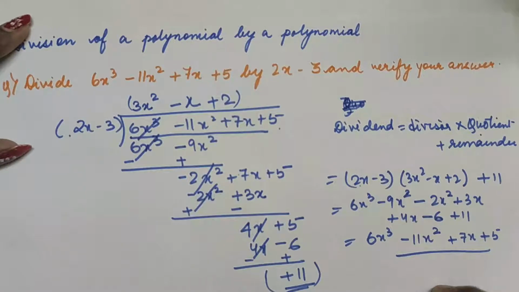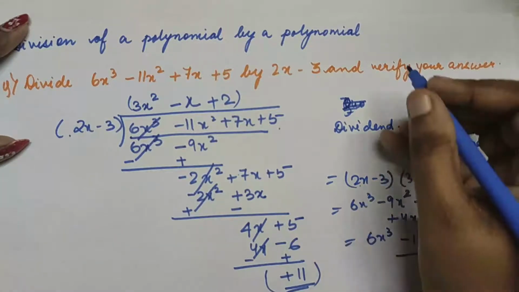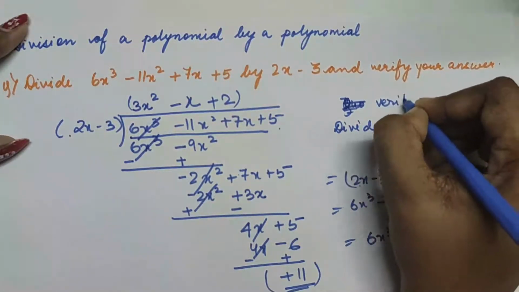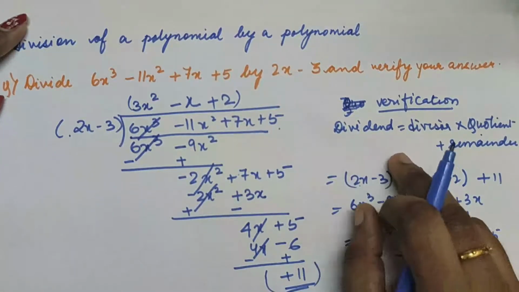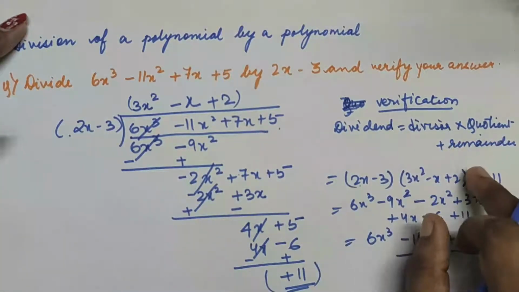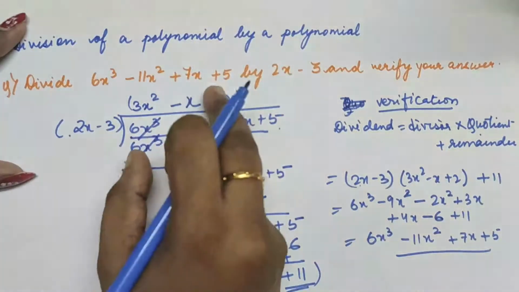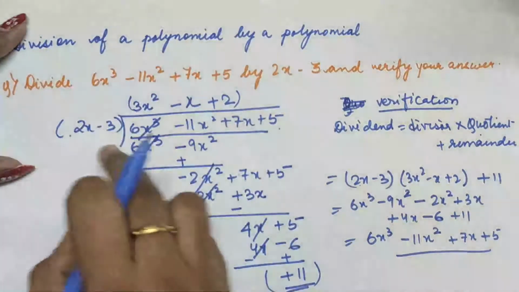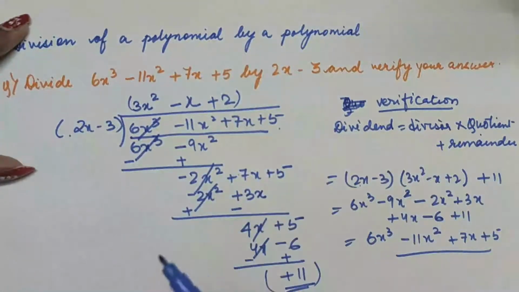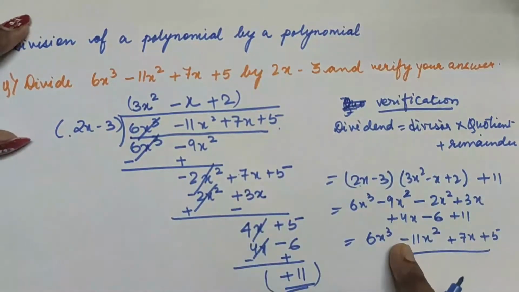So that shows that we have divided it properly. This is a verification. Remember what we are doing: dividend is equal to divisor into quotient plus remainder. Divisor, quotient, remainder. Multiply, add, get the dividend to verify. Not all questions ask you to verify. If it is asking, you have to show this as well.